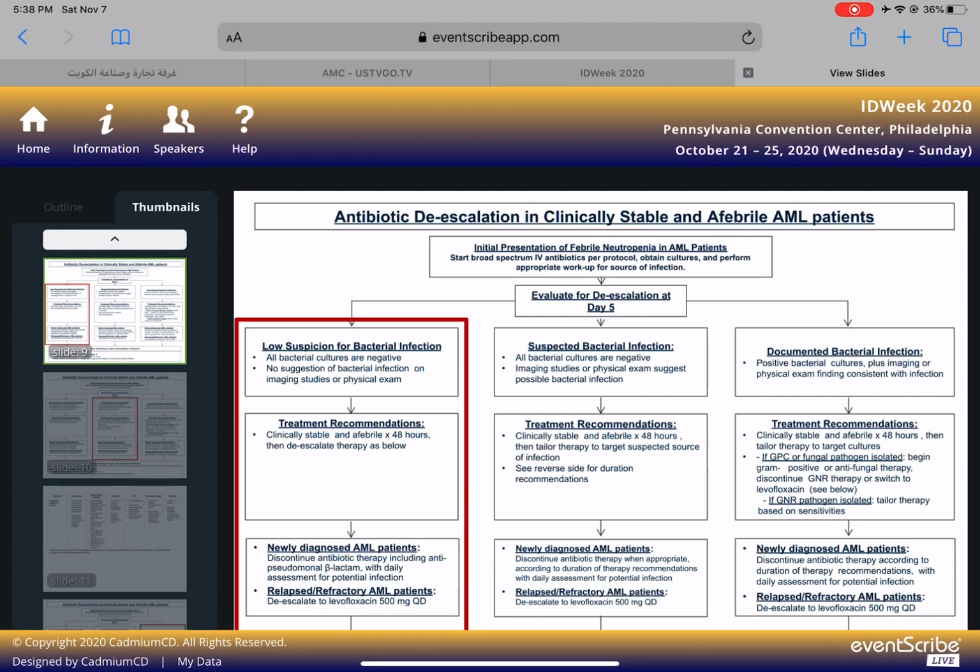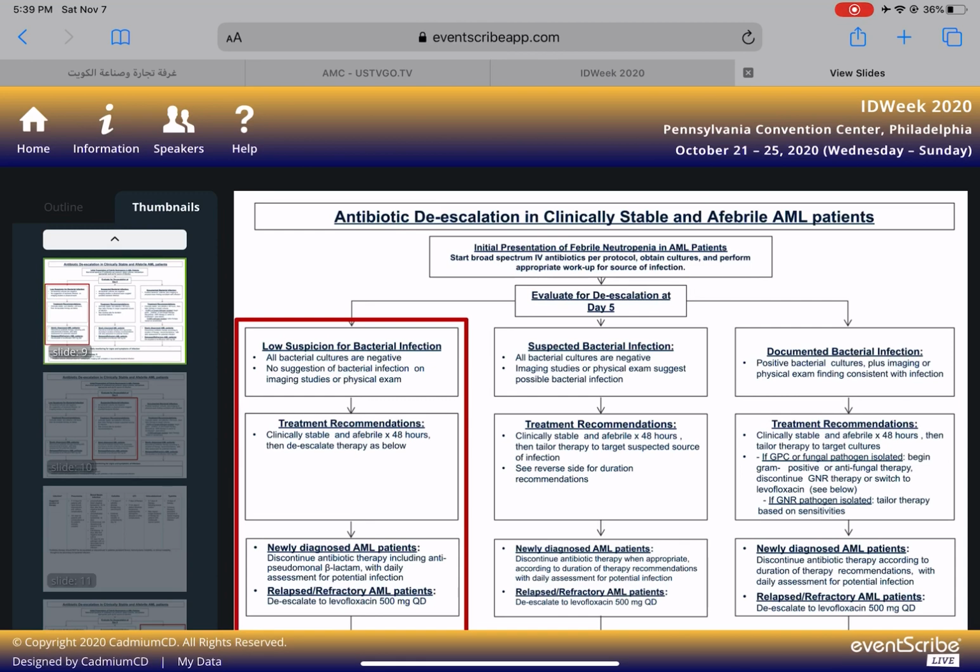Now, when you go down the left side of this document, the low suspicion for bacterial infection, we evaluate these people at day 5, and we do not do this before day 5. I know other studies have done it at day 3 or different time points, but we start evaluating at day 5. We put them into these buckets, and we ask basically, is the patient clinically stable and afebrile for at least 48 hours?